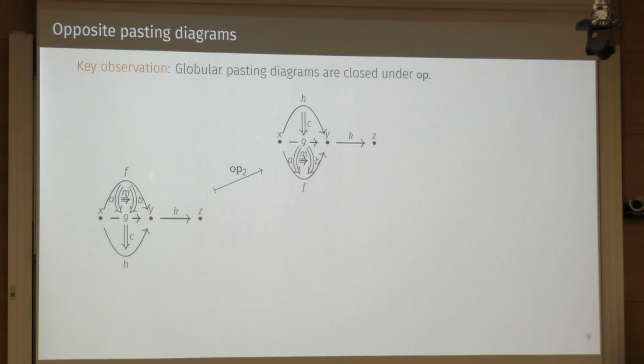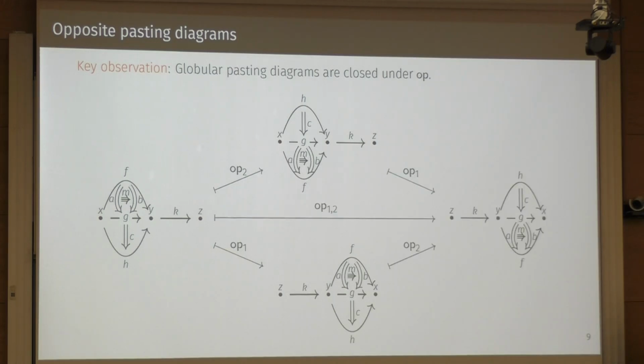Applying the two opposite would basically swap all the arrows upside down, and we get again something that looks like a pasting diagram that should admit a composite. Same if we take the one opposite, we just exchange the left whiskering with the right whiskering. And finally, we could take the opposite in both dimensions at the same time to get a whiskering on top and whiskering on the left from what we started before.